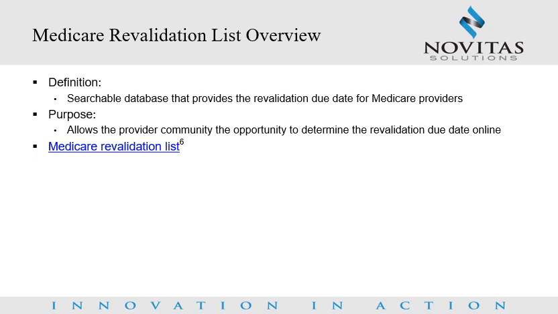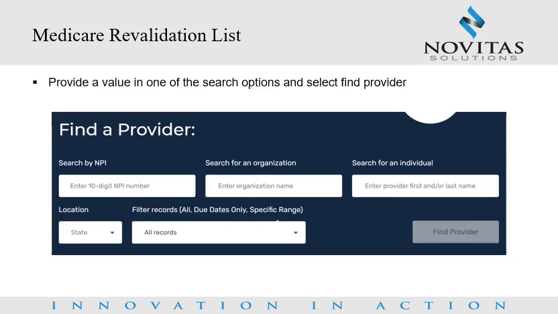Select the link to utilize the Medicare Revalidation List. You will first have to provide a value in one of the search options and select Find Provider.